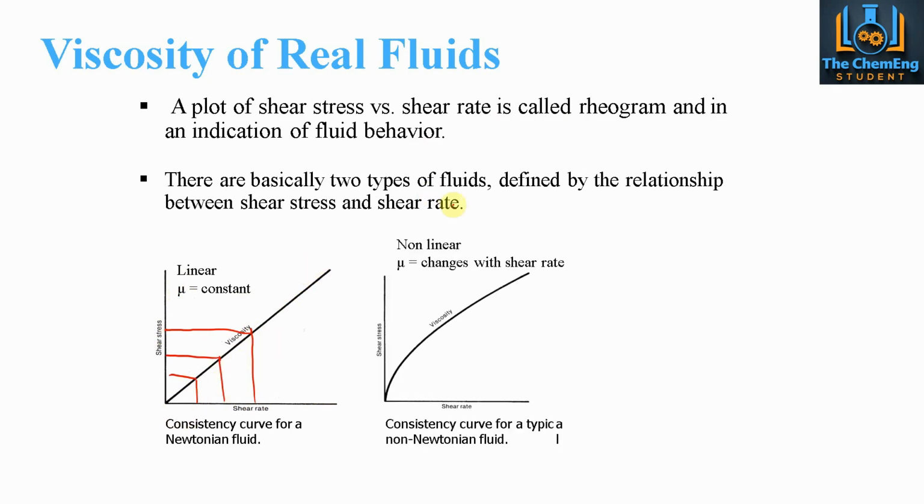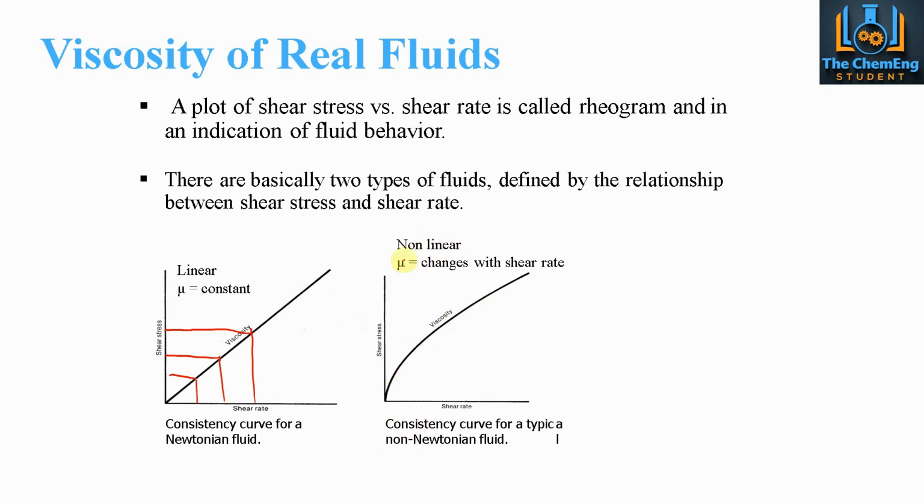Whereas if we look at non-linear relationships, then this is just one of a couple of different types, but we'll look at what this one actually is in just a second. This one is called a non-Newtonian fluid. Non-Newtonian fluids will have their viscosity change in either a positive or a negative way with an increasing shear rate and shear stress.